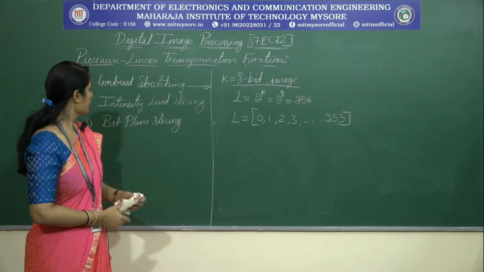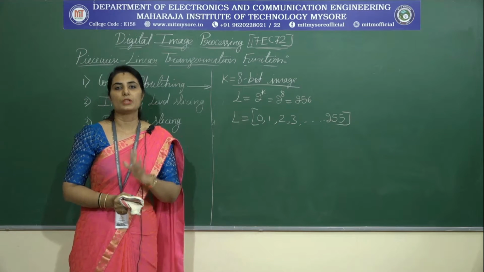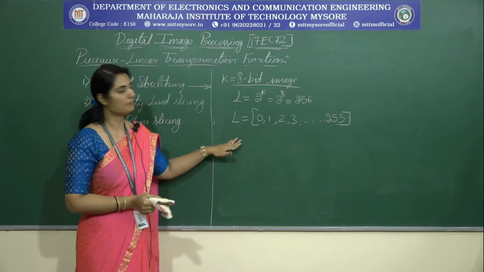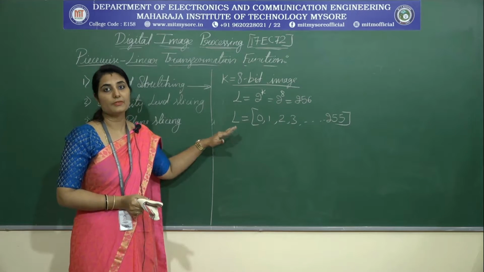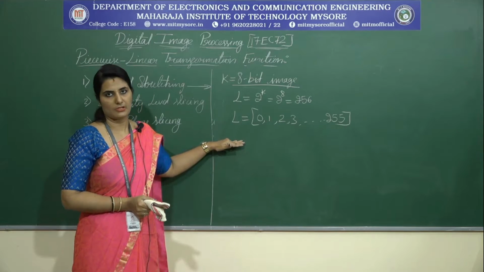Okay. So in order to understand bit plane slicing, first we should know what a pixel is. We know that a pixel is a digital number which represents bits present in that particular image, right?